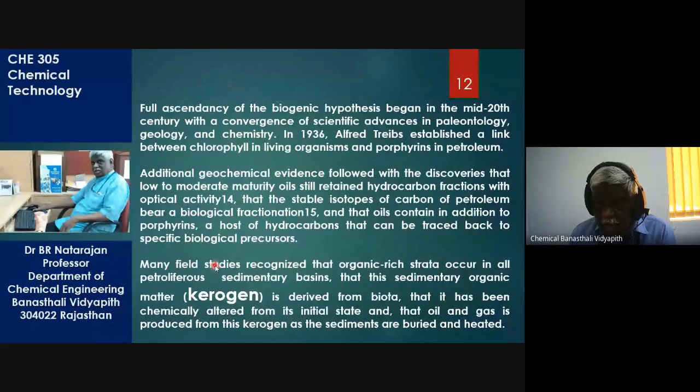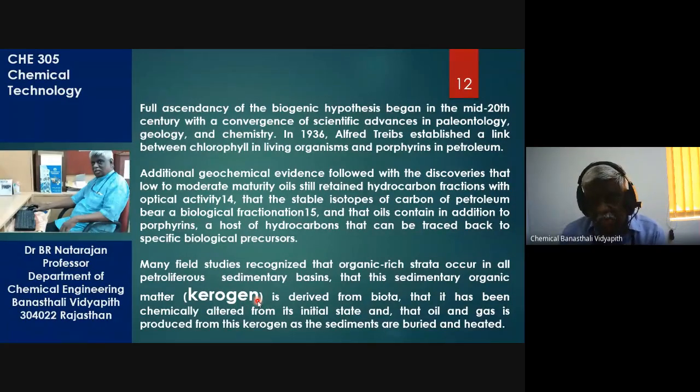Many field studies have recognized that organic rich strata occur in all petroliferous sedimentary basins, that is, sedimentary organic matter. This sedimentary organic matter is known as kerogen. Remember, this is a new jargon for you.